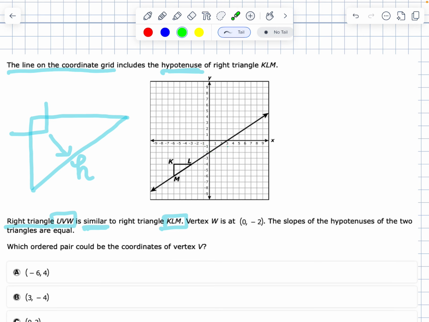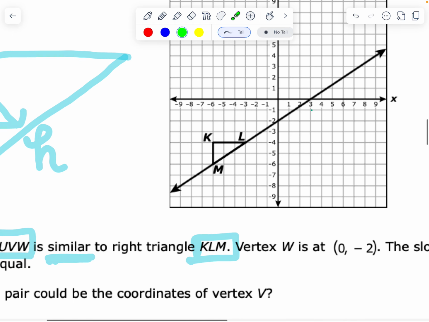We can actually look at this and tell what the slope is. Slope is rise over run, which just means rise is your y value and the run is your x value, because rise is going up and down.